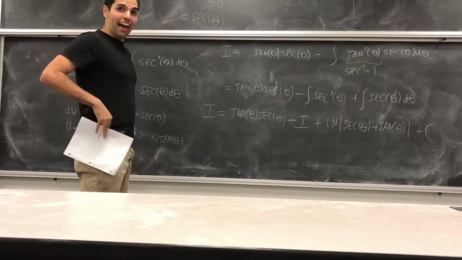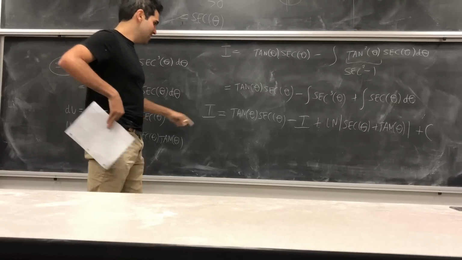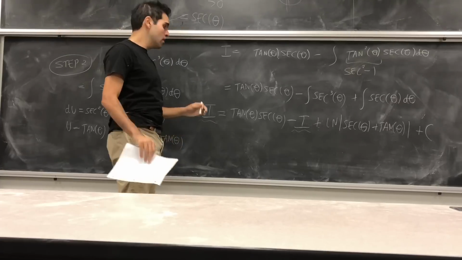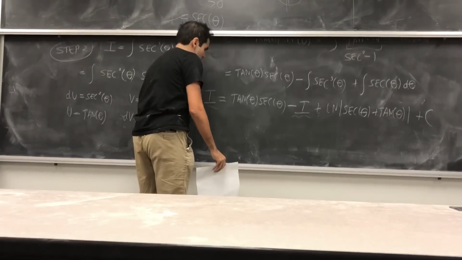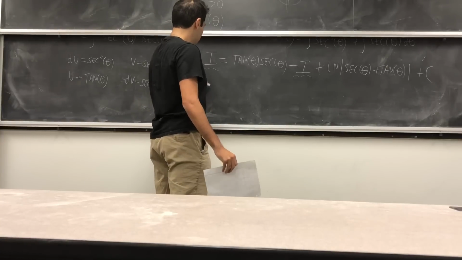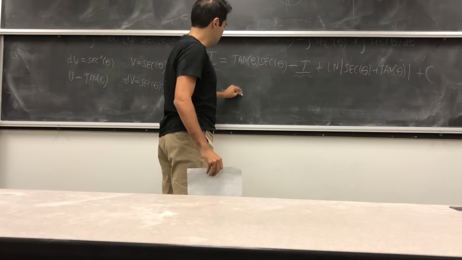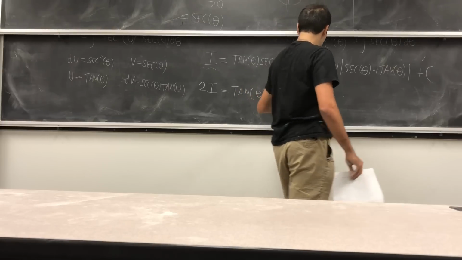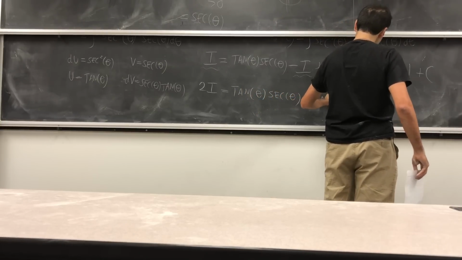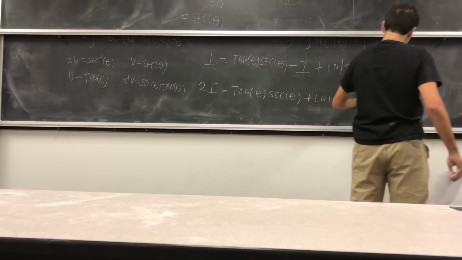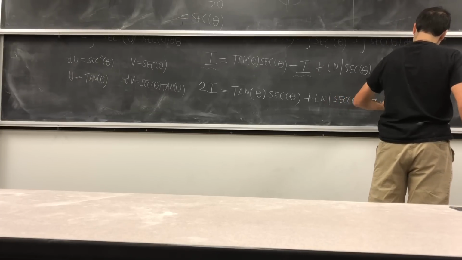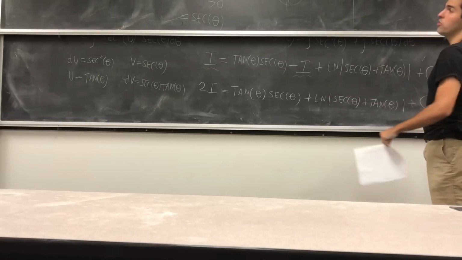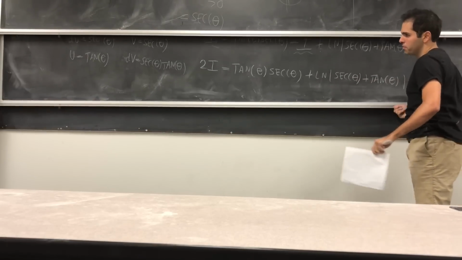Which means, in fact, here you have an equation for I, which you can solve. So we can literally solve for our unknown integral. So we have 2I equals tangent theta secant theta plus ln of secant theta plus tangent theta plus c. Which means that I equals all this divided by 2.